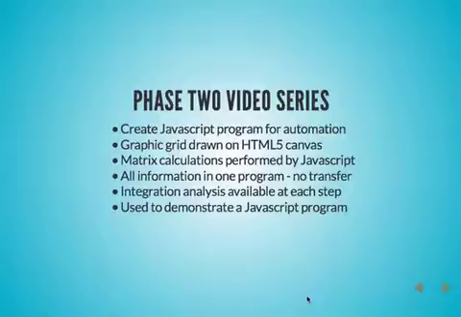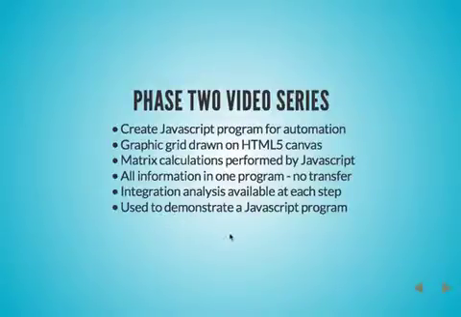In the phase 2 video series, we created a JavaScript program for automation and integration of the activities. The graphic grid is drawn on an HTML5 canvas. The matrix calculations are performed by JavaScript, and all the information is in one program, so there's no need to transfer data from one system to another.